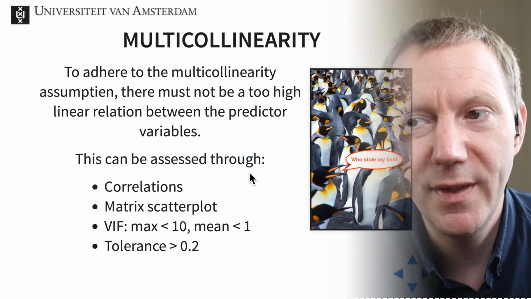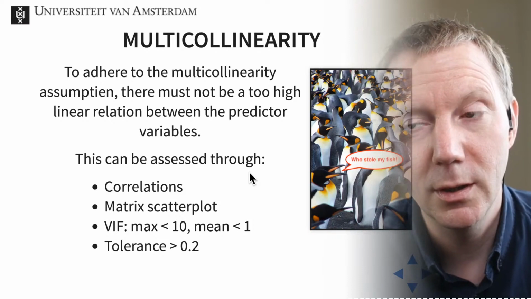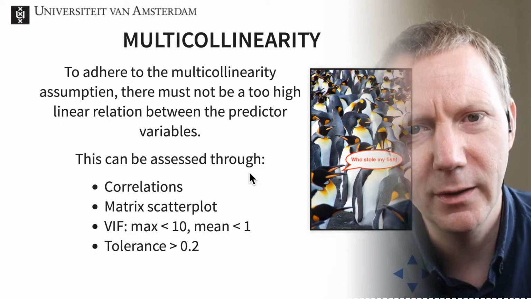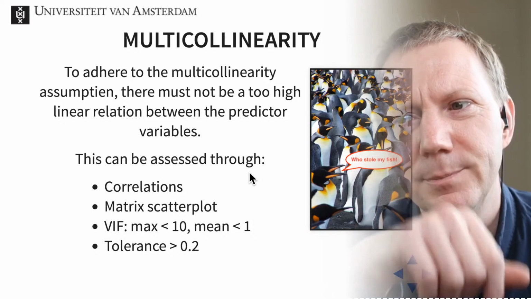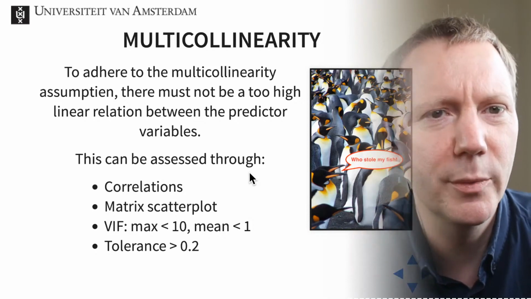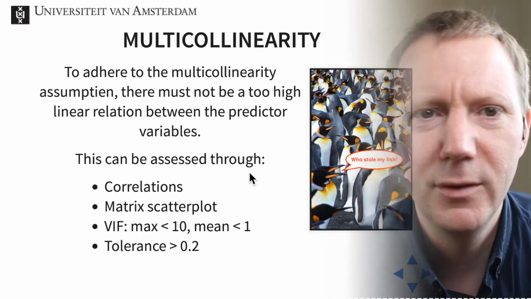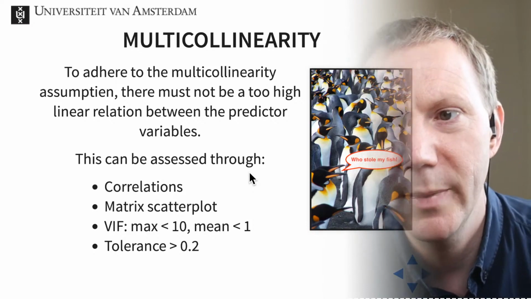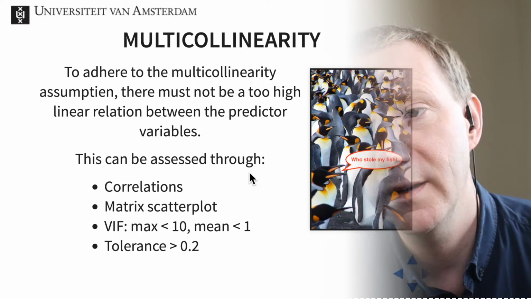You could then also look at the correlation afterward. So what are the actual correlation values? And then determine based on that if you deem it too high. But again, there are no clear cutoff points based on the correlations and the scatter plot.